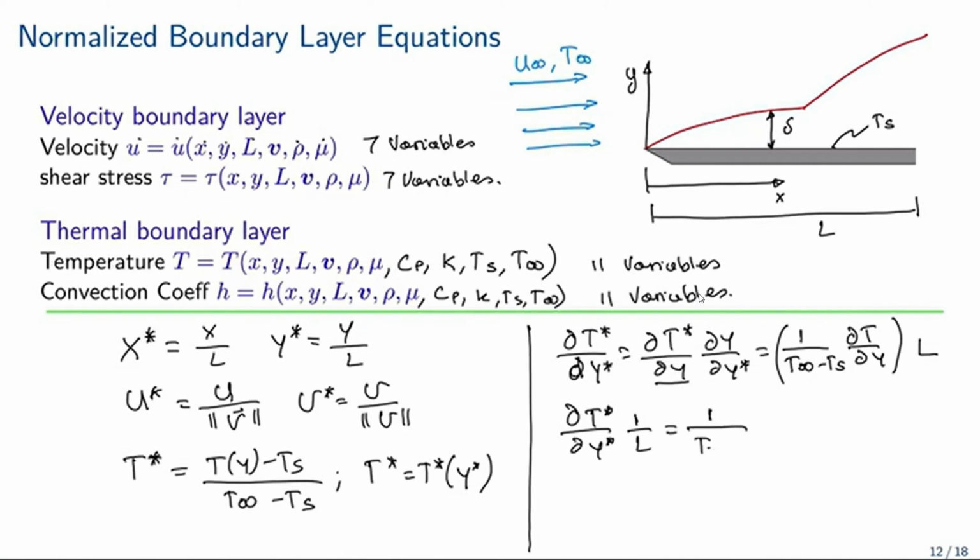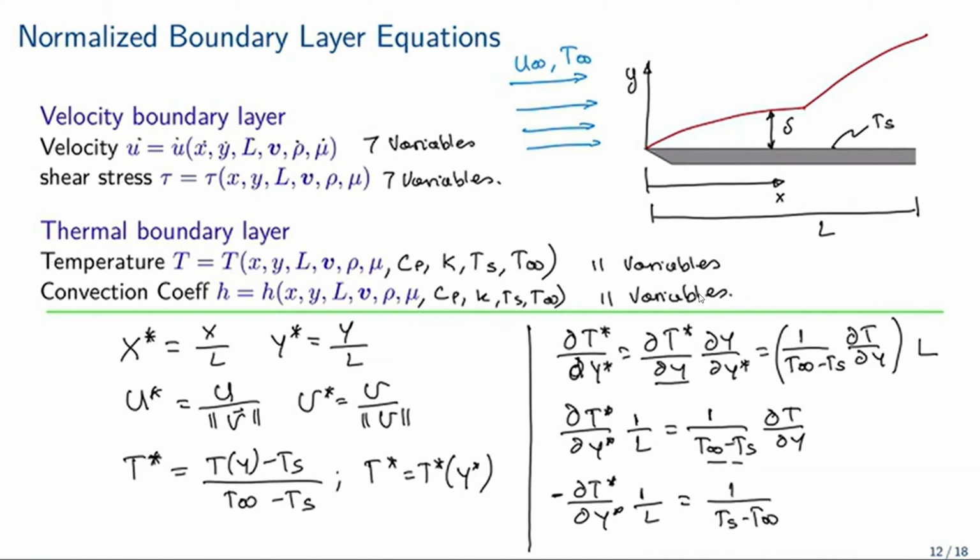dT star divided by dy star multiplied by 1 divided by L equals 1 divided by T infinity minus Ts multiplied by dT by dy. Since dT by dy is negative, one can swap these two terms, so it has a minus.